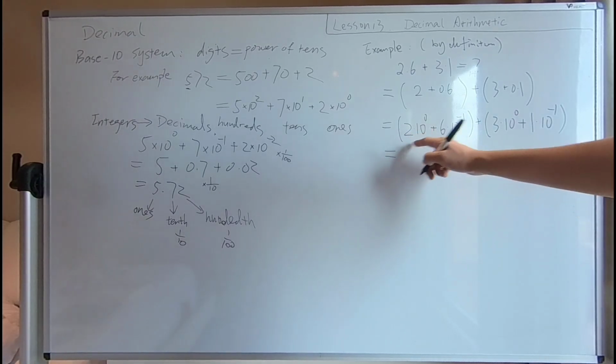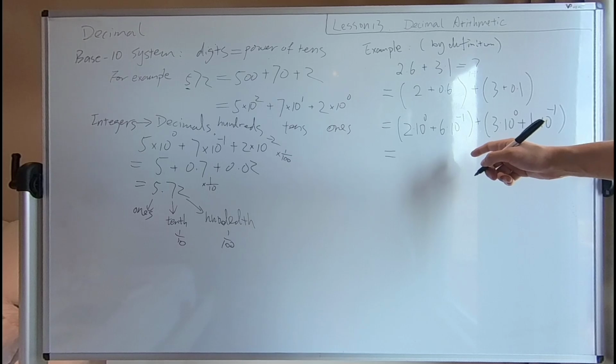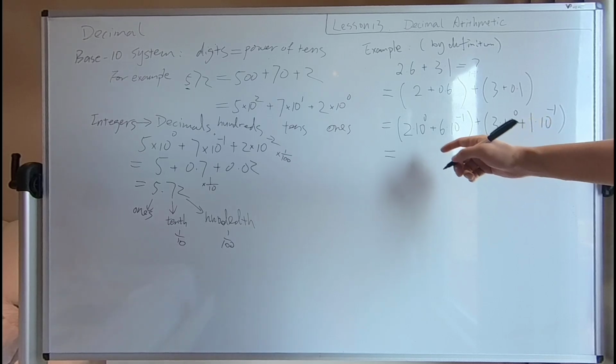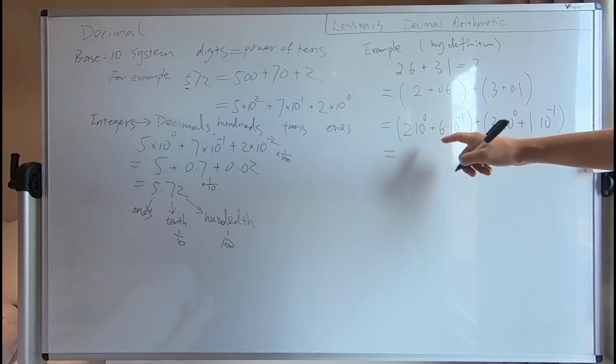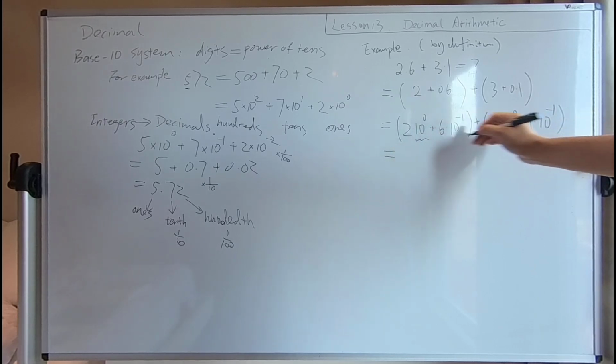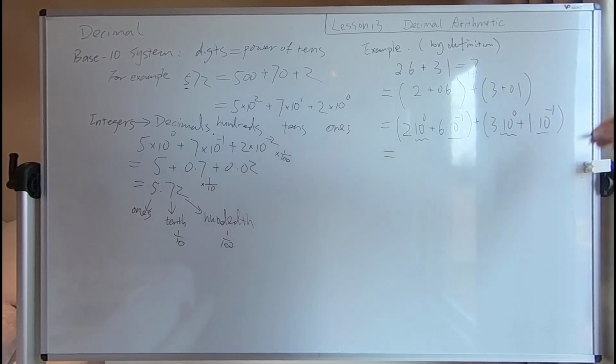Now we can take those numbers out of the brackets and group the similar terms, basically the terms with a similar multiplier or factor. Two numbers have a factor of 10 to the power of 0, and two other terms have a factor of 10 to the power of minus 1.